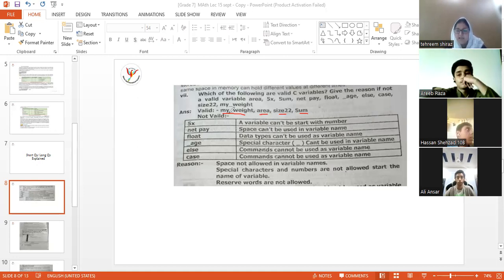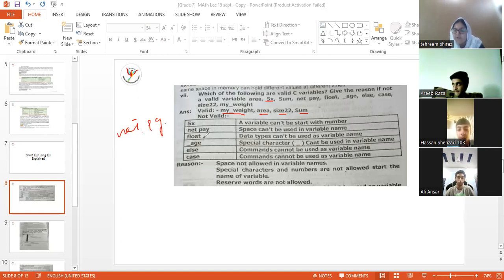So the valid variables are my_weight, area, size22 and sum. 5x is not a valid variable because a variable cannot start with a number. Net pay: space can't be used in a variable name. So if we have to write net pay, we write it with an underscore, net_pay, right?